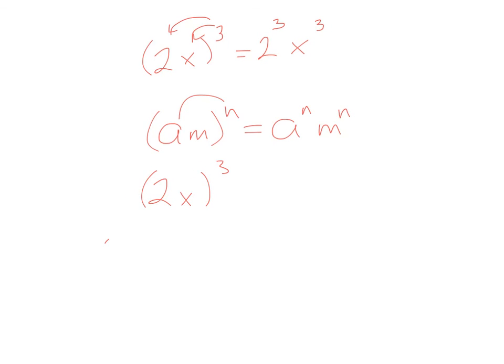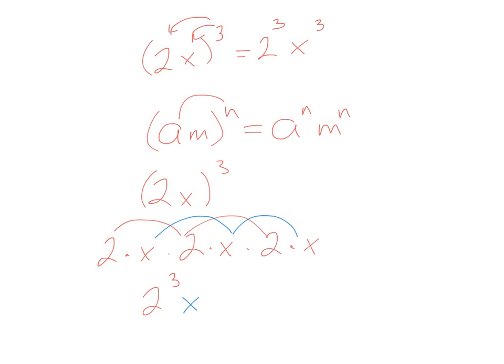So that would be 2 times x, that's one set, times 2 times x, that's 2 sets, times 2 times x, that's 3 sets. 2 times 2 times 2 is going to be 2 to the 3rd. x times x times x is going to be x to the 3rd. And so you can see why we just share it, you get the same result. So all of these in today's lessons are actually shortcuts.